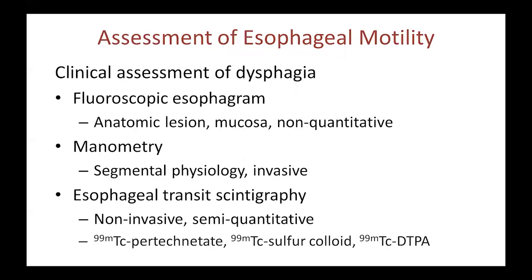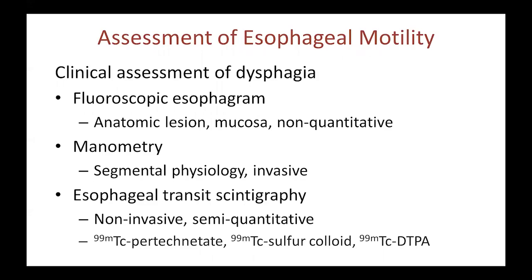The third study I would like to talk about is assessment of esophageal motility. This is used for clinical assessment of dysphagia and is part of a complementary group of studies that include the fluoroscopic esophagram, which is good for finding anatomic lesions with dual contrast, may be good for evaluating mucosa, but is non-quantitative.